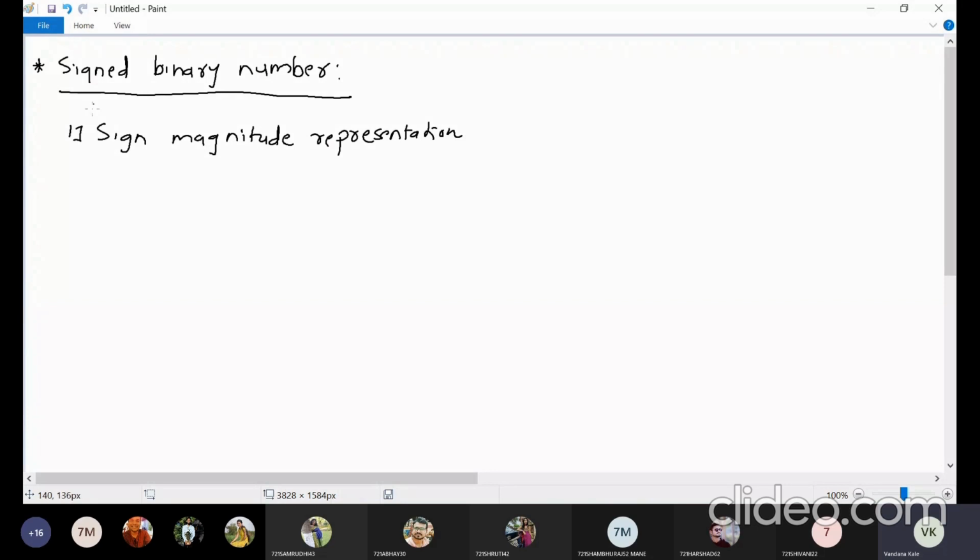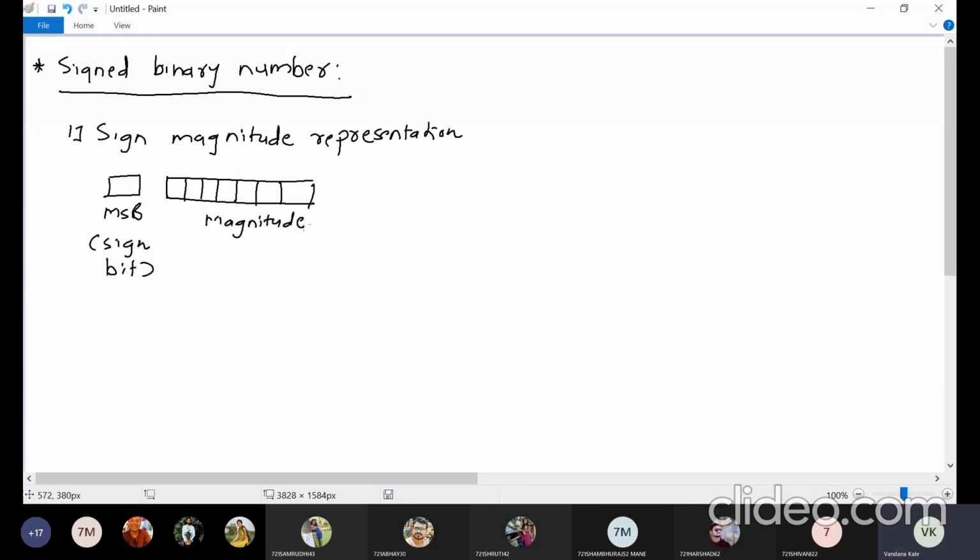In signed magnitude representation, the MSB bit is the sign bit. What this sign bit means, we will see. All the remaining bits, let's say we are considering 8-bit representation, so there will be the remaining 7 bits, and they will represent the magnitude.